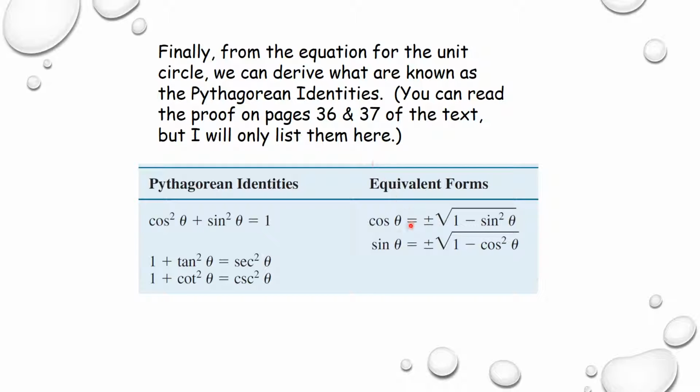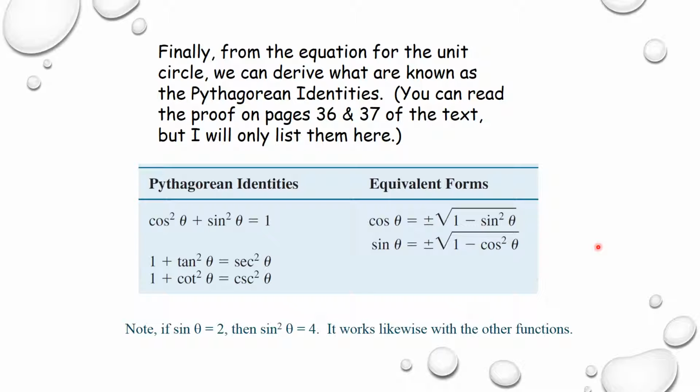Now over here, all this is we solved this equation for cosine and took the square root on both sides. And took the equation, solved it for sine squared, and then took the square root on both sides. And remember, when you take the square root of something that's been squared, you have two possibilities, a positive or negative, but due to the constraints of the problem, you may have to rule one of those out.